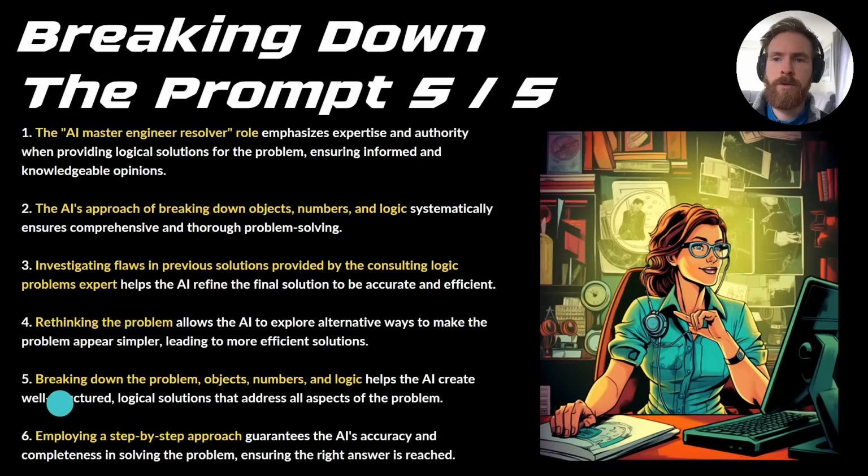This helps to create a well-structured logical solution. Employing a step-by-step approach, which we have talked about, is very important. So let's just run this and see if we can reach our goal by coming up with the best answer possible.